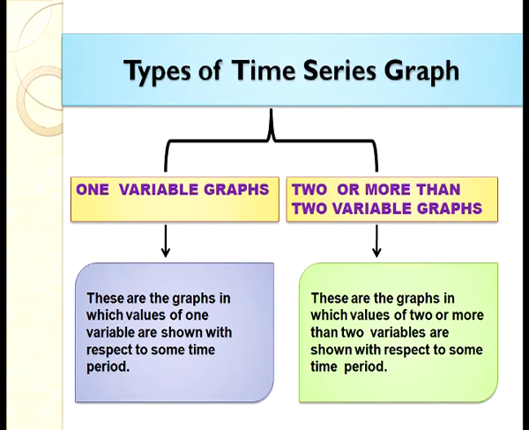Whereas, two or more than two variable graphs are the graphs in which values of two or more than two variables are shown with respect to time period. Now, students, once we know about these two graphs, we can discuss them with the help of construction.